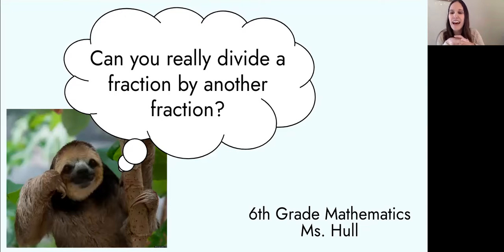It seems a lot more manageable to think about dividing a whole number by another whole number, right? Dividing 4 by 2, which would give us 2 groups of 2, seems a lot more clear than dividing 5/8 by 7/9, right? What? How do we do that? So we are going to explore that together today.